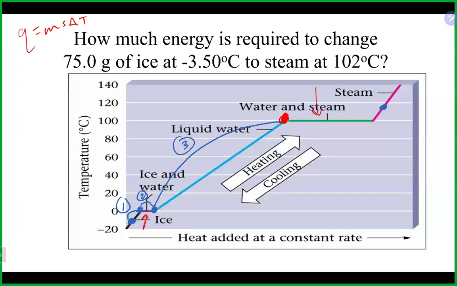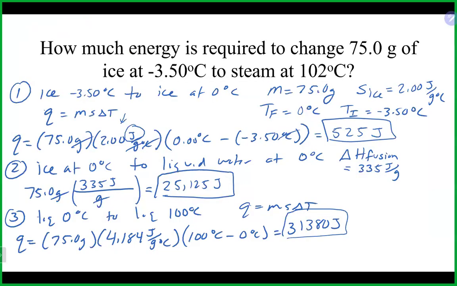So what's going to happen in this case is we are going to do that transition of phases. Again, we're not going to change the temperature, which is why the line is flat. It stays at 100 degrees here all the way through. So again, that's going to be our heat of vaporization. And for water, it's 2260 joules per gram, or roughly 40.7 kilojoules per mole.